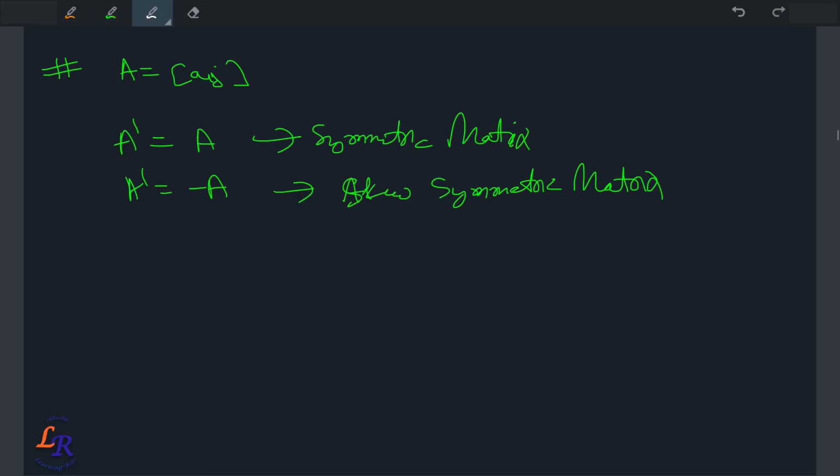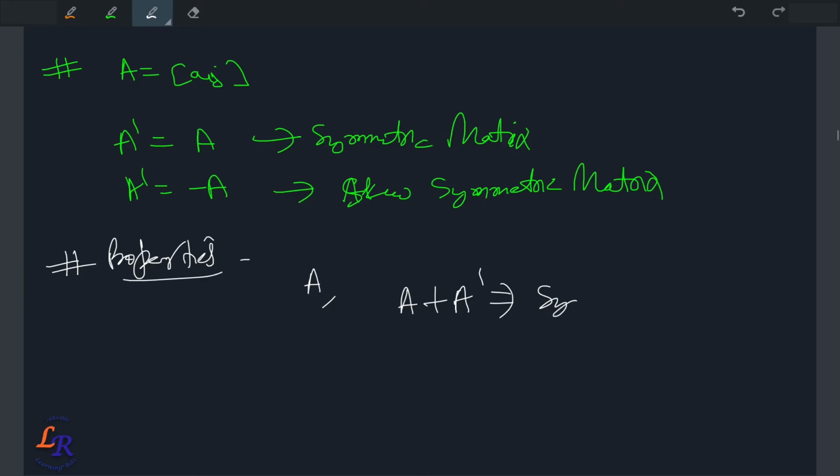And there are some properties associated with that. If A is a matrix, then A plus A dash would be a symmetric matrix, and A minus A dash would be a skew symmetric matrix.